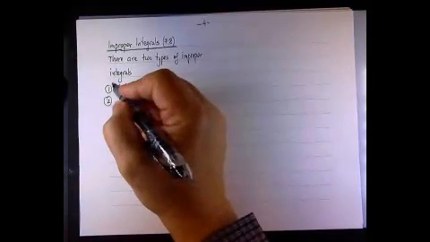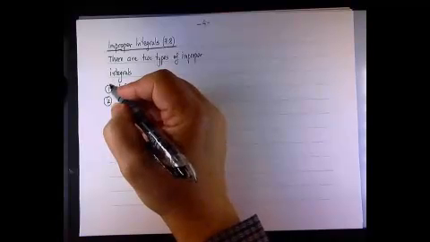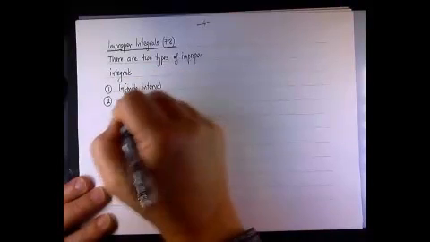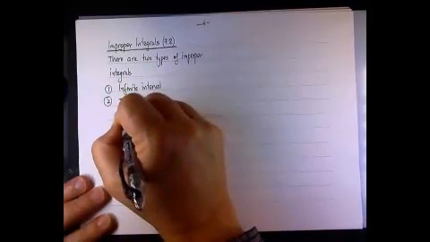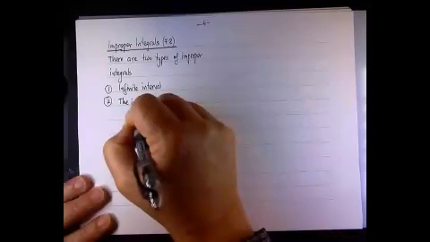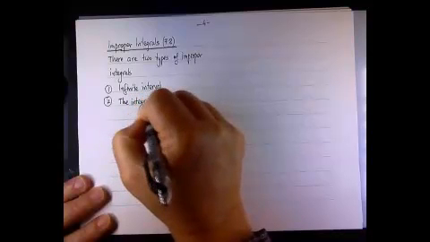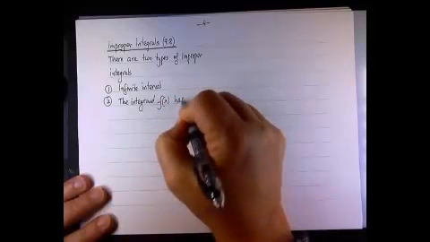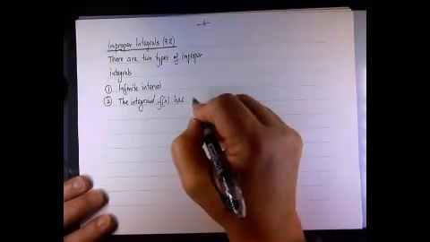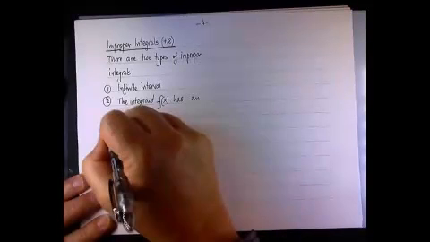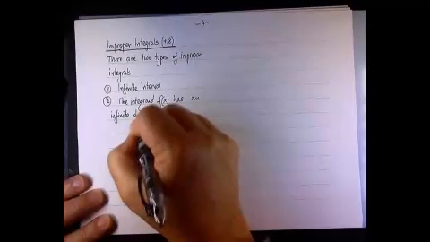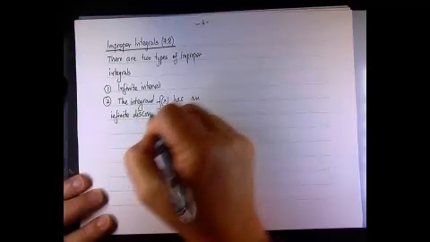The other one is the one that has a vertical asymptote or discontinuity within the interval. So this is the second type: f of x, the integrand, has an infinite discontinuity.